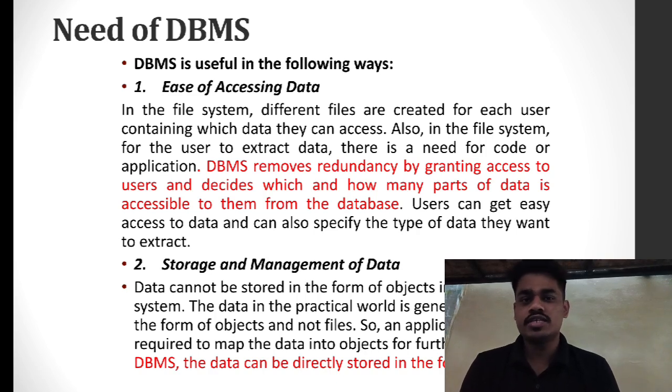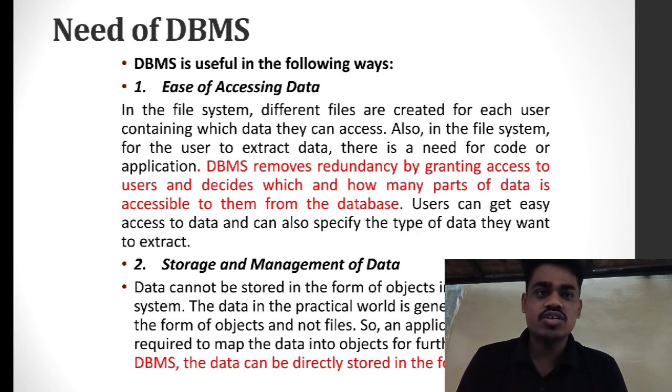Second, storage and management of data. Data can't be stored in the form of objects in the file system. The data in the practical world is generally stored in the form of objects and not files. So, an application is required to map the data into objects for further usage. In DBMS, the data can be directly stored in the form of objects.